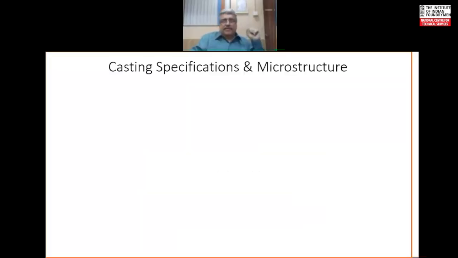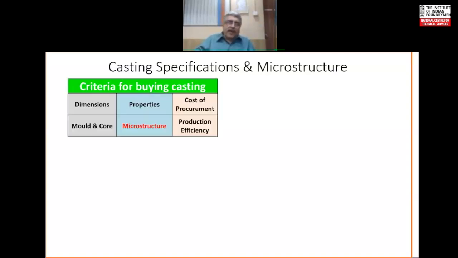Now, casting specifications and microstructure. Why I always start the presentation with this slide is I want all of us to stay anchored with why we make the castings. And it is to meet the specifications of the clients. They want dimensions, they want properties, and they want it at a cost.